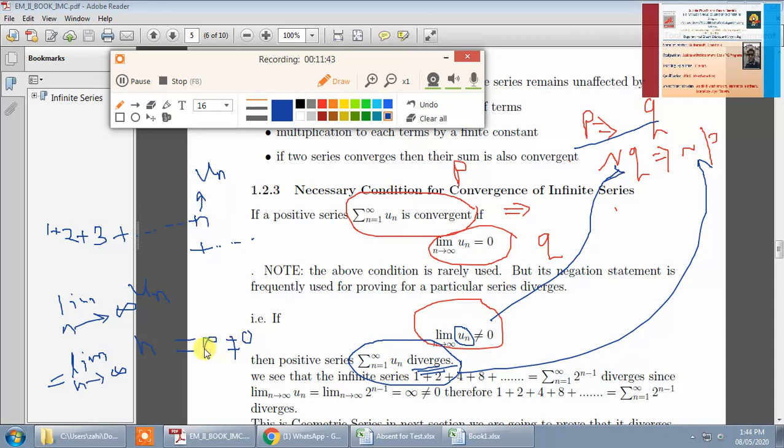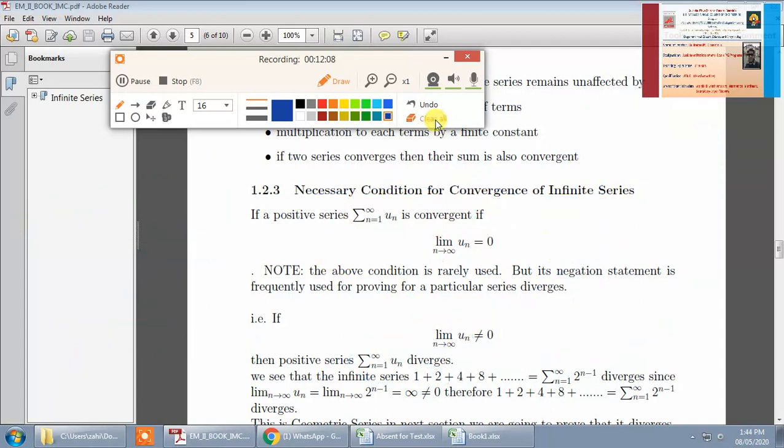So see, this is a very, very useful condition. If the nth term's limit as n tends to infinity is not equal to 0, if it is other than 0, then definitely that series diverges. So this series is a divergent series. This form is what is frequently used: negation q implies negation p. You can see I have written a series 1, 2, 4, 8 and so on.